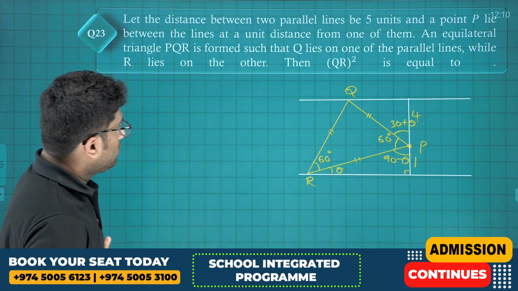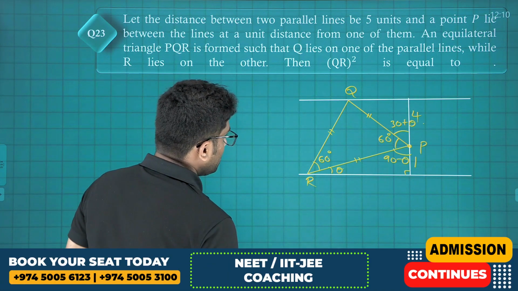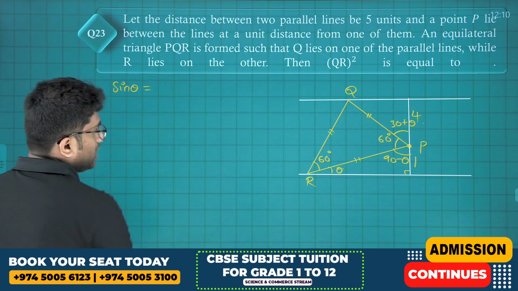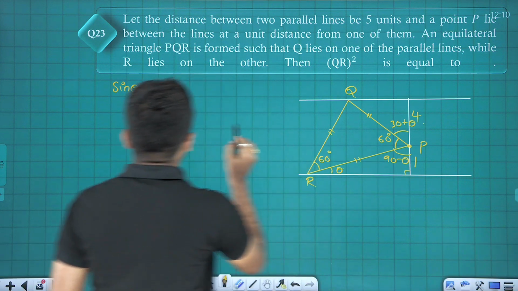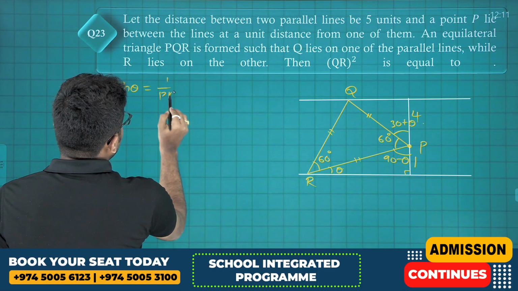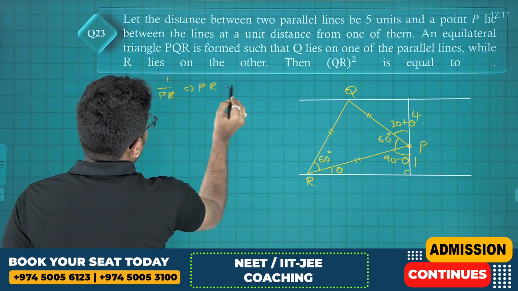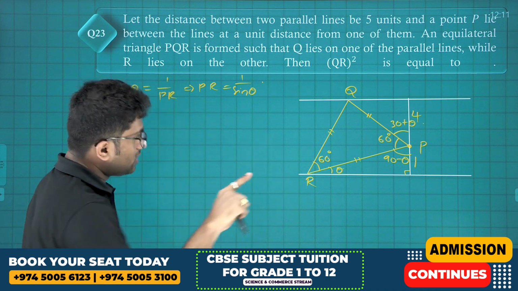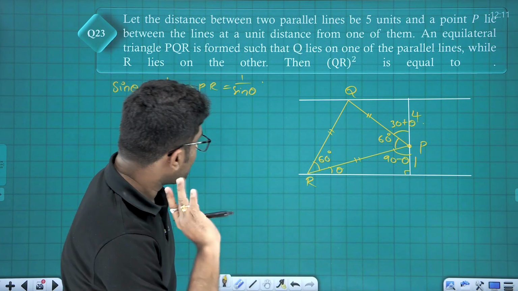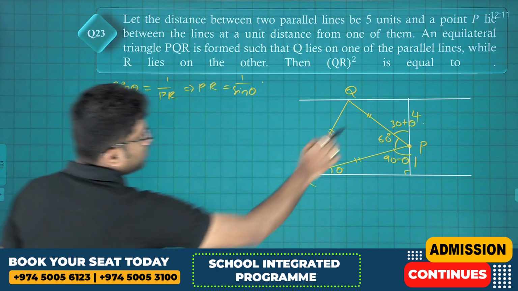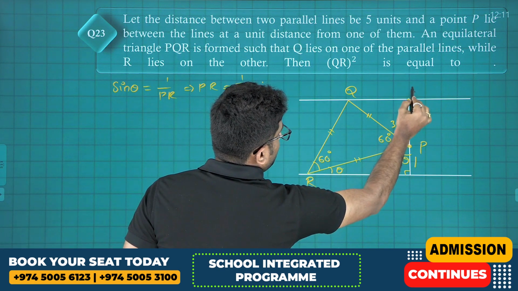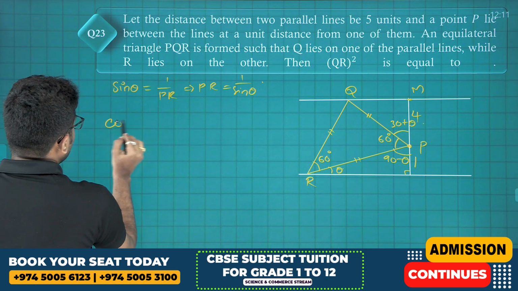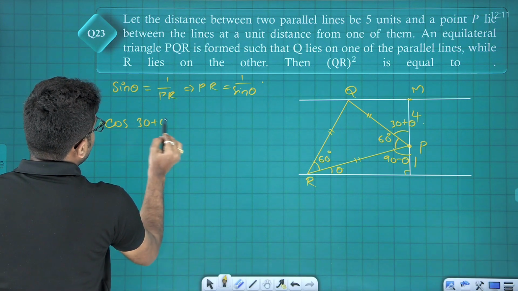Now from this triangle, see friends, what is sine theta? Sine theta is equal to opposite 1 by PR. So PR is equal to 1 by sine theta, correct? That is what we got. Next, from this triangle PQM, what is cos of 30 plus theta?